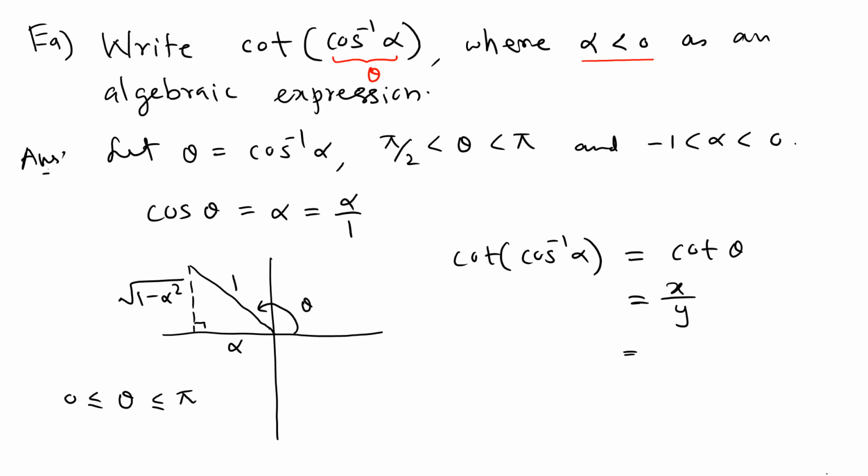So x is alpha over y, which is the square root of 1 minus alpha squared. You can see that alpha carries a negative sign, so you should get a negative cotangent. So that's the answer for this problem.